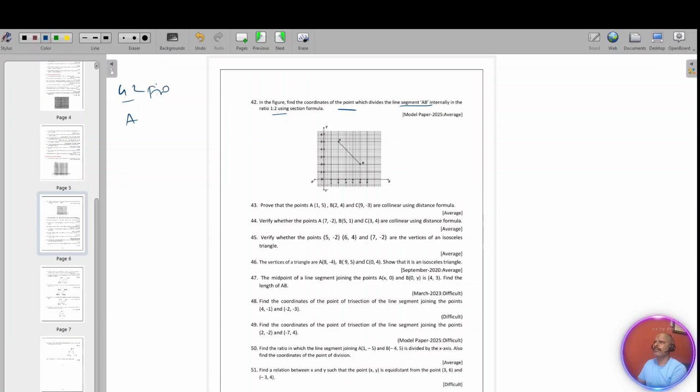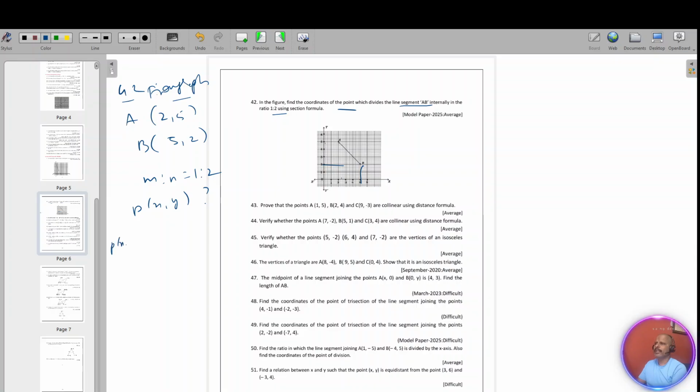From the graph, A is 2 comma 5 and B is 5 comma 2. The ratio given is m:n equal to 1:2. So they want P of xy.